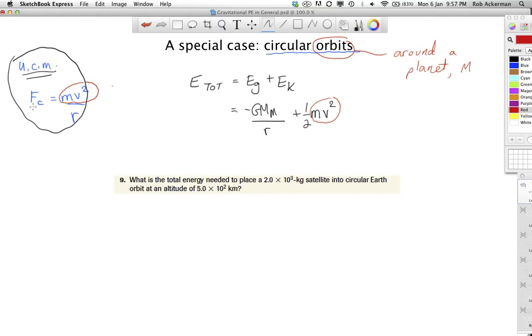The centripetal force is equal to the gravitational force. You learned this back in chapter 3 when we talked about circular orbits the first time. So we can write that mv squared over r is equal to big G, big M, little m, over r squared.